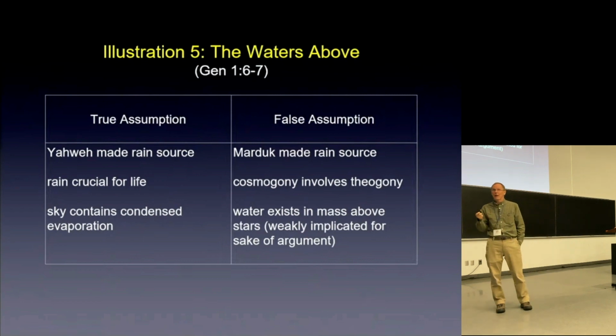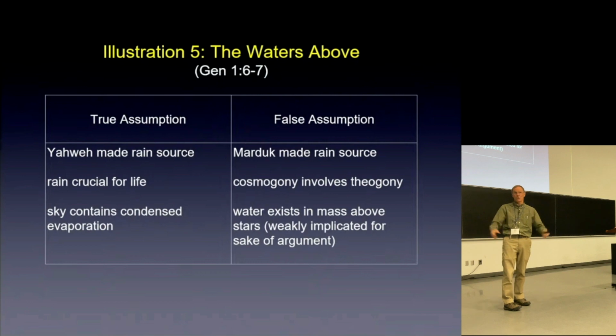So I'm thinking that Genesis is not trying to teach us that this is really the structure of the universe, but it's assuming for the sake of argument something that everybody in the ancient Near East assumed is true. And it's doing it for the purpose of presenting a counter-narrative.